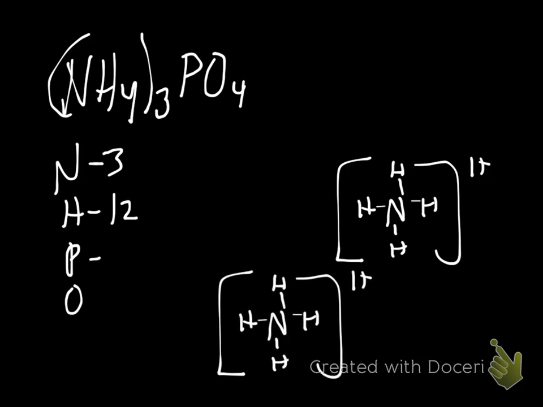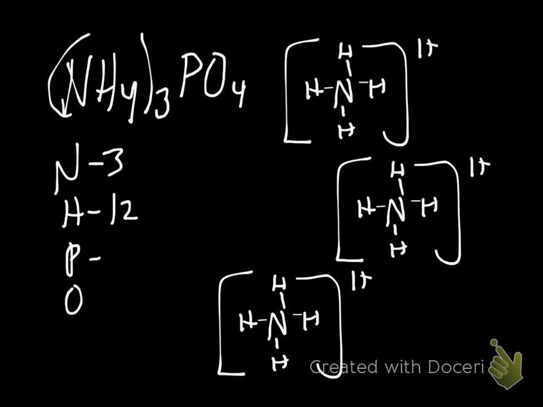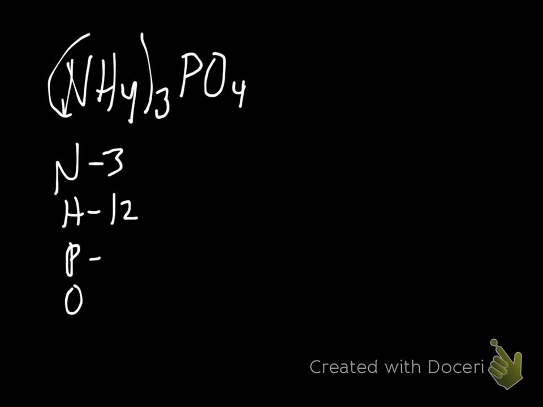And so if you find yourself struggling, literally remind yourself that, oh yeah, there are 3 of those. So if I had to count all the nitrogens, all the hydrogens. Okay, let's get rid of those then. I have 1 phosphorus and I have 4 oxygens.